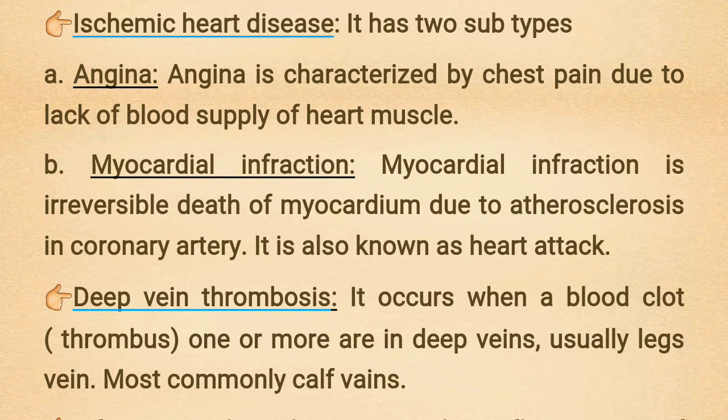Deep vein thrombosis. It occurs when one or more blood clots or thrombi are in deep veins, usually leg veins, most commonly calf veins.